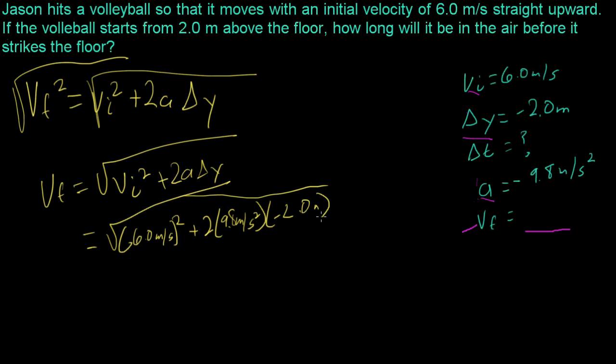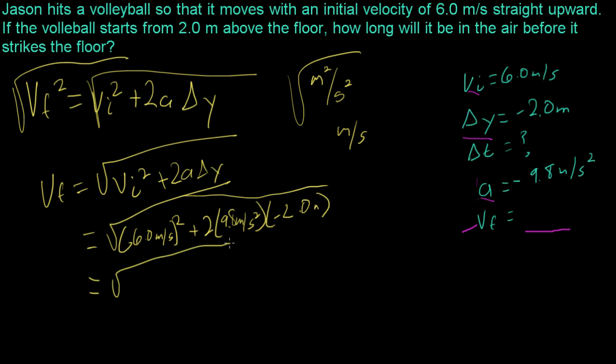Now if we pay attention to our units here, notice that when we square this, we're going to meters squared per second squared. Meters per second squared times meters is also meters squared per second squared, so these can add. And when we take the square root at the end, the square root of meters squared per second squared is just meters per second, which is what velocity is supposed to be in anyway, so we're in good shape there.